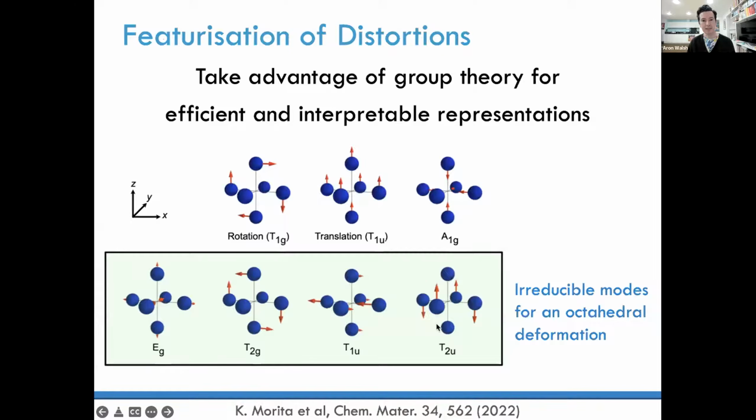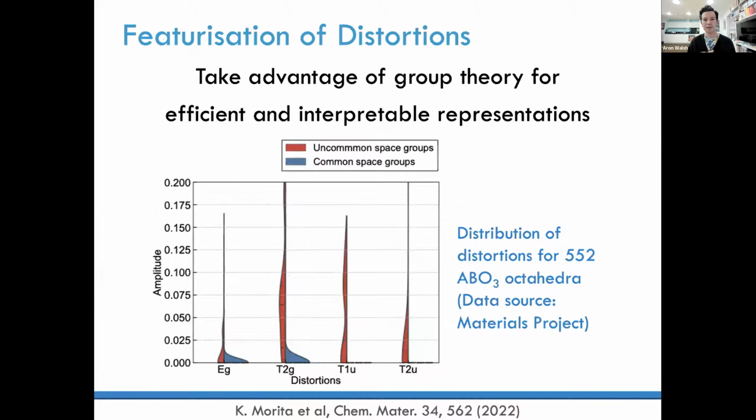And so to test the protocol he put together, he initially looked at ABO3 octahedra inside the Materials Project. He was able to extract 552 octahedra. And this is the distribution of distortions, so the index of those 4 modes for those octahedra. You can see quite a large spread. You end up getting a peak at 0 if you have, for example, a cubic polymorph, so you have a perfect octahedron.